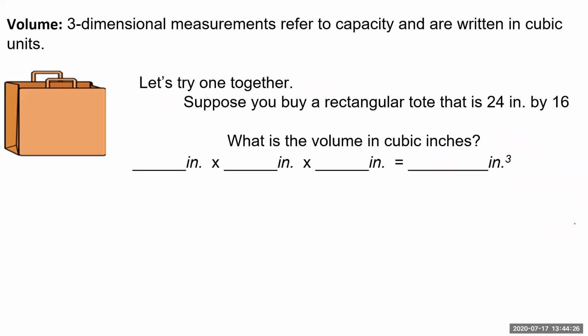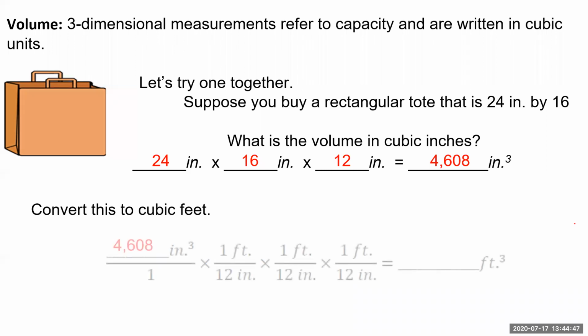Now we have this here, and we have a three-dimensional figure. Suppose you buy a rectangular tote that is 25 inch by 16 by 12. That should give you 4,608 cubic inches. All right.